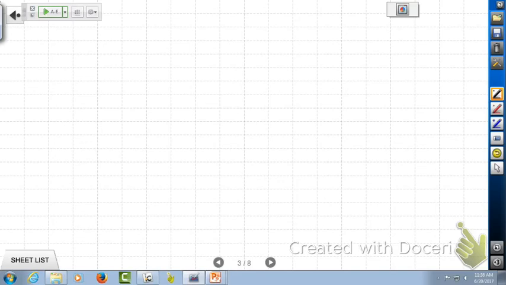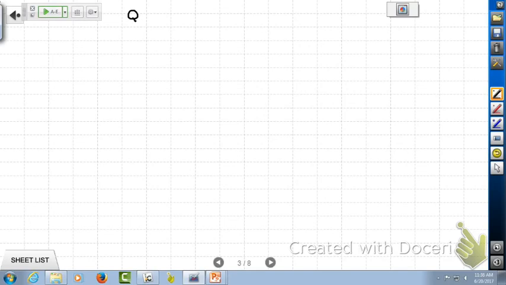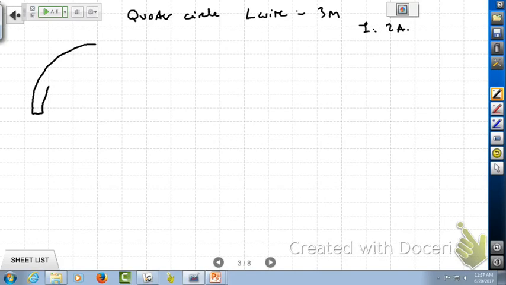A wire bent into a quarter circle, made of a length of wire which is L wire equals 3 meters, with I equals 2 amps. Want to know the magnetic field at the center? That's all I can ask you about, is the magnetic field at the center.